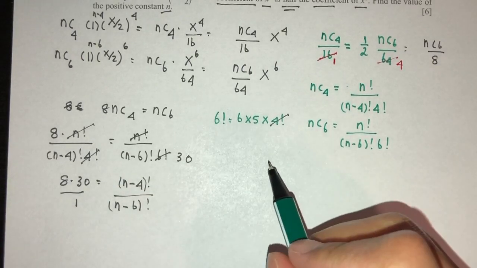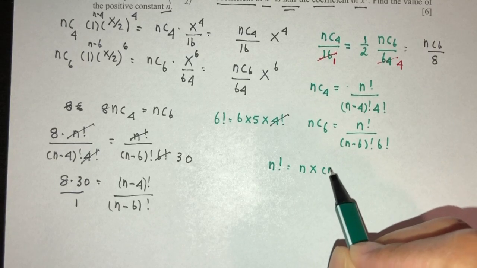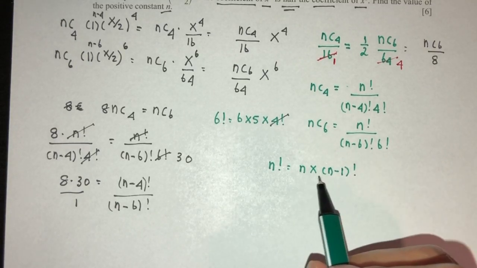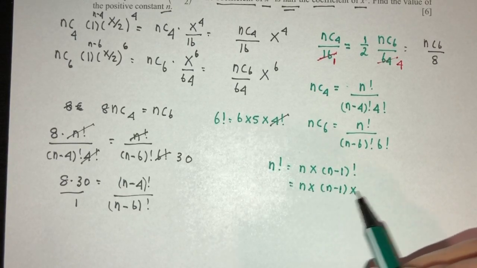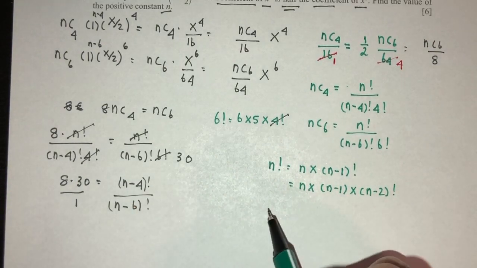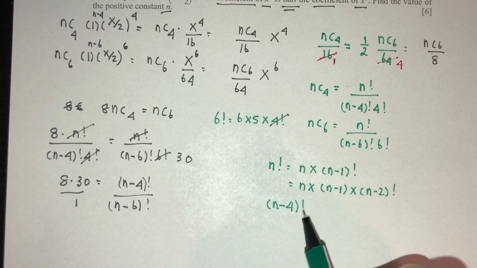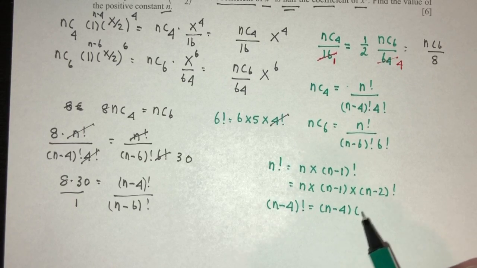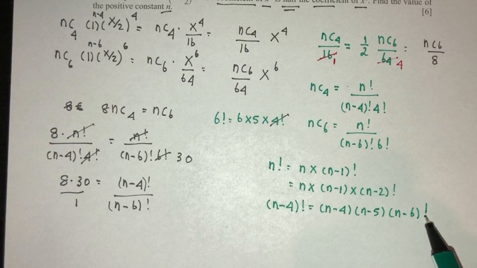Now, if you know that n factorial is n times n minus 1 factorial, and if you want to expand this more, it can be n times n minus 1 times n minus 2 factorial. So it keeps going on, right? For example, here, n minus 4 factorial is n minus 4 times n minus 5 times n minus 6 factorial.